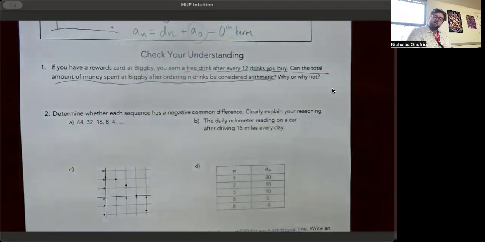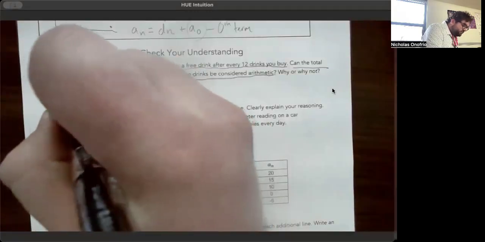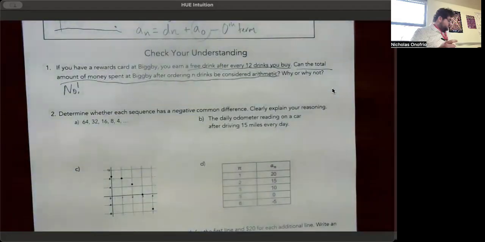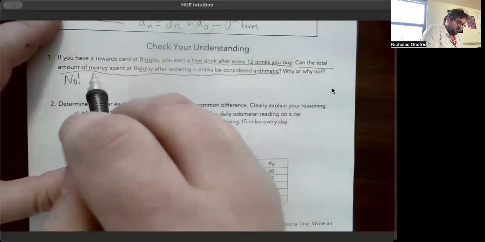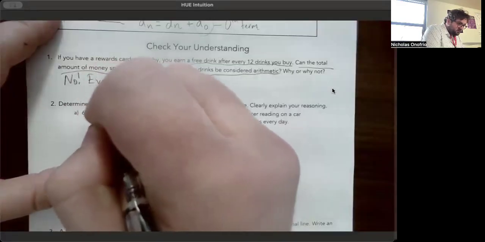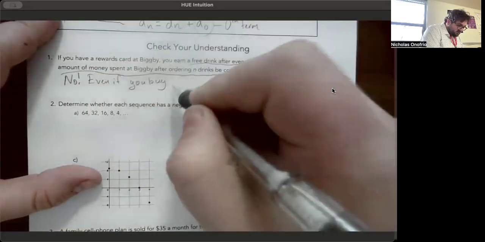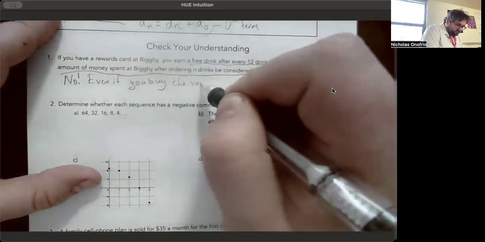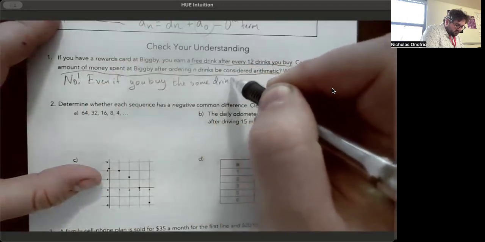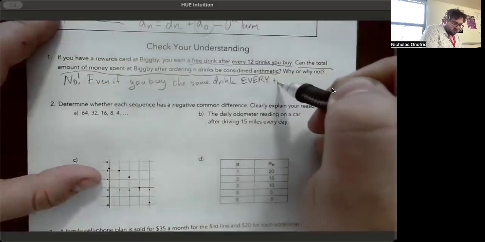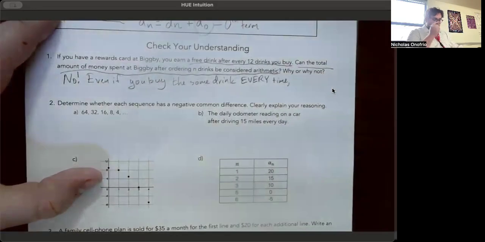Okay. Y'all were probably split pretty evenly between yes or no's. The answer to this question is no. Even assuming you buy the same drink every time, it's not enough.